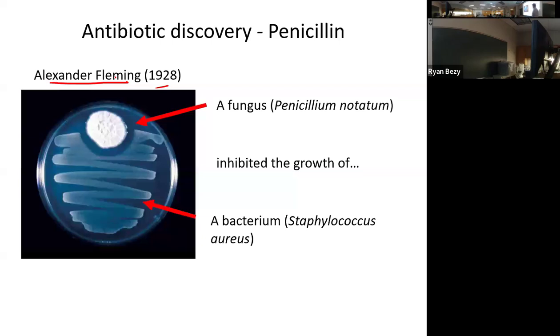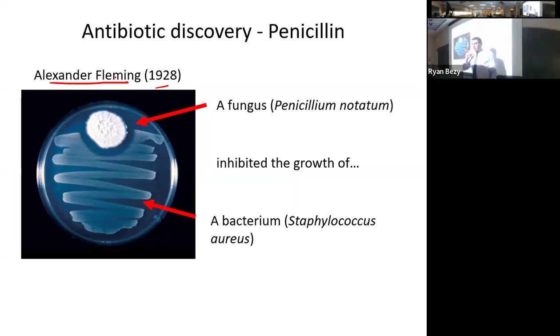Alexander Fleming was doing research on Staphylococcus aureus and staph infections. He was growing Staphylococcus aureus on a plate. He was kind of notorious for having dirty labs. He just didn't have very good cleaning and tended to be really cluttered. Well, a fungal contaminant landed on the plate, and he was just going to toss out the plate, but then he noticed that the bacteria was inhibited near the fungus.